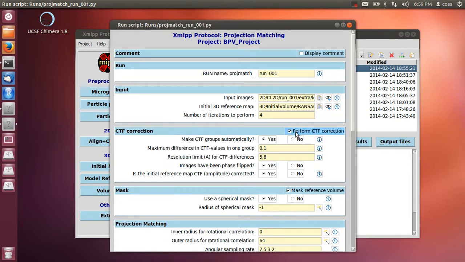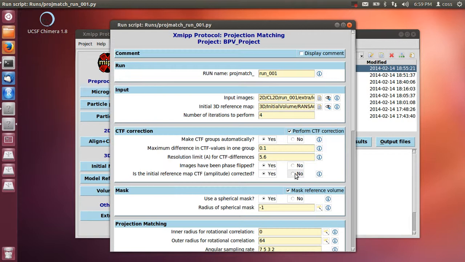Okay, so if you want to do a CTF correction, this is amplitude correction, because the phase correction we did when we extracted the particles, then you would leave this section on, and what you are defining here is how to group the particles according to having similar CTF groups.